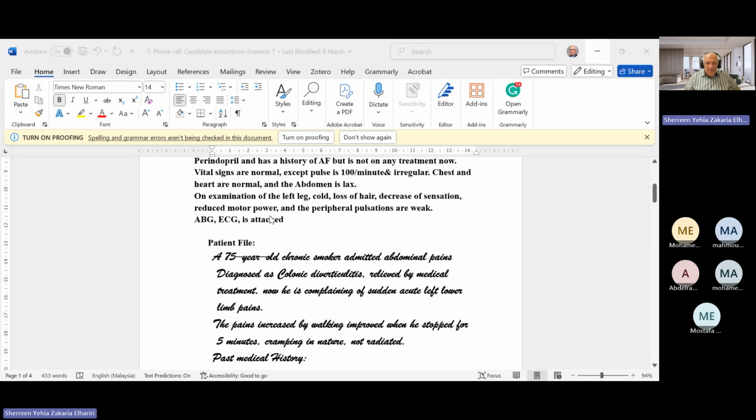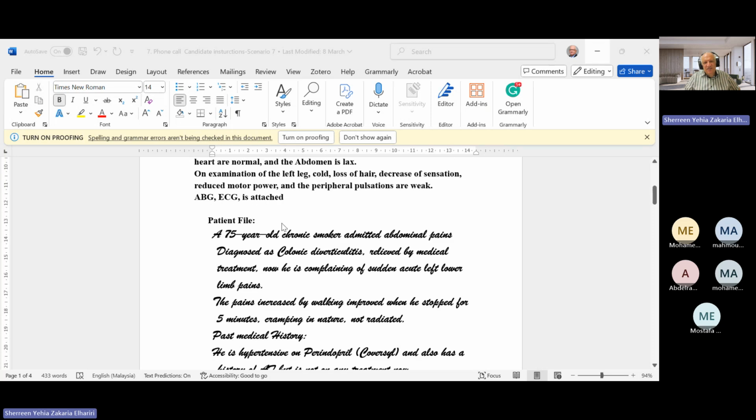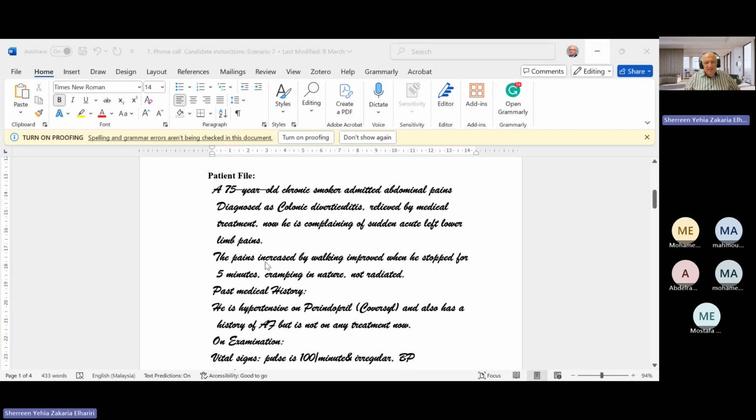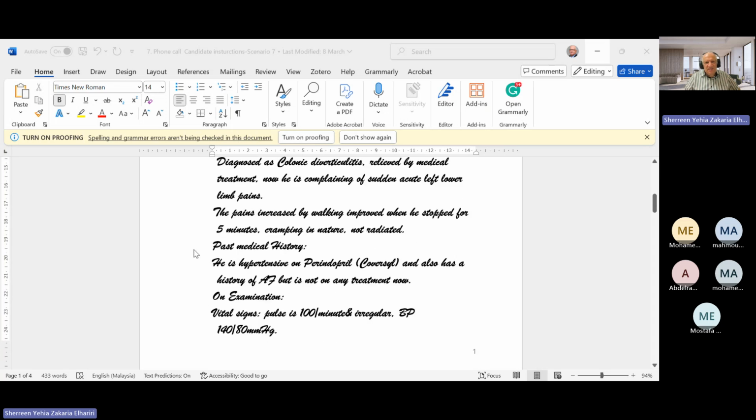This is what is written by the houseman, so it is the same, but in handwriting: 75, chronic smoker, admitted with abdominal pain, diagnosed as colonic diverticulitis, relieved by medical treatment. Now he is complaining of sudden acute left lower limb pain. The pain increases with walking, improved by stopping 5 minutes, cramping in nature, not radiated. Past history: hypertensive on Brendopil, Coversyl, history of atrial fibrillation.